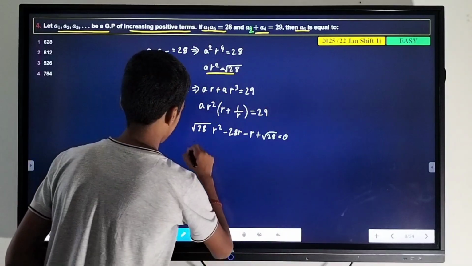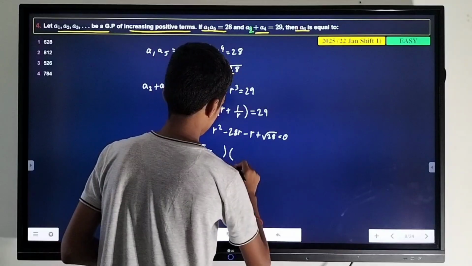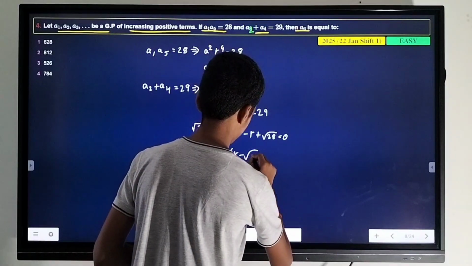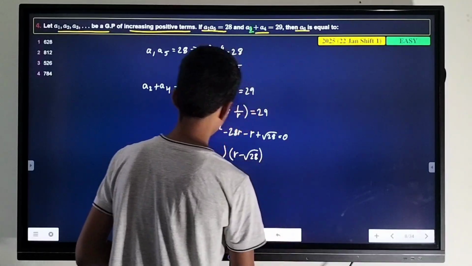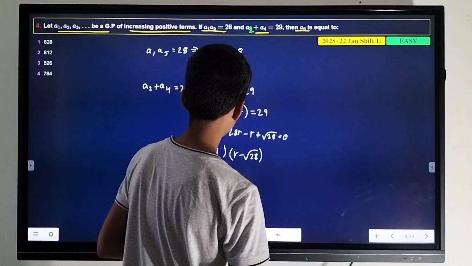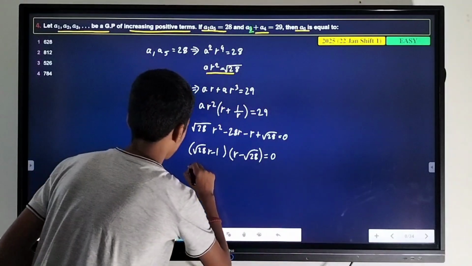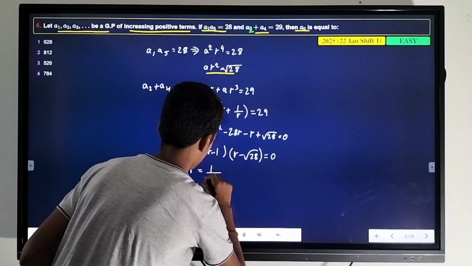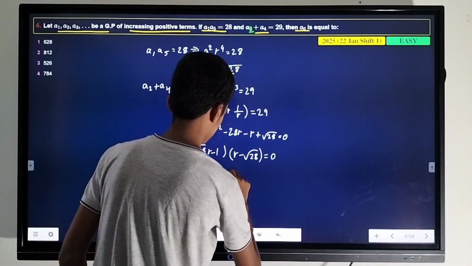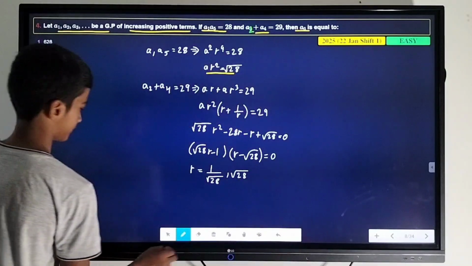Now from here we will get root 28r minus 1, r minus root 28, is equal to 0. So from here r is equal to 1 upon root 28, comma root 28.